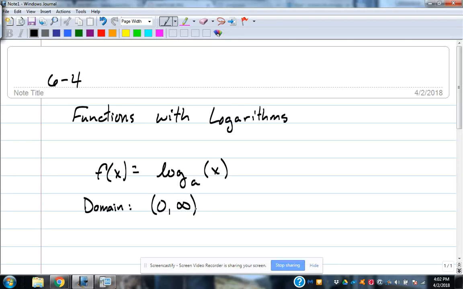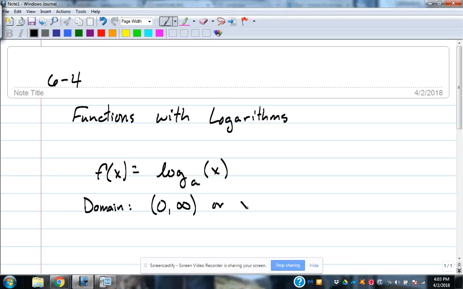Or a better way to say this is that you can only take the log of a positive number. Can't take the log of a negative number at all. Or 0. We can't take the log of 0. So anything we're taking the log of, it needs to be a positive number. So it's really x is greater than 0 or from 0 to infinity.